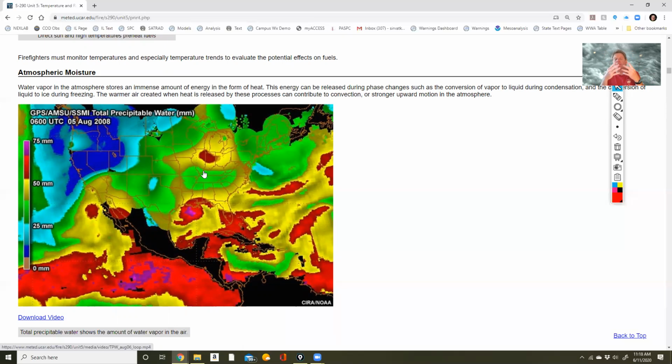Okay. Some of the molecules in there are water vapor. So water vapor, H2O, right? You know that. First thing about water vapor, and we've said this before, is what? It's invisible. So we don't see it, but there's molecules of water vapor moving on, just like there's oxygen and nitrogen. We don't see them. That's water vapor.